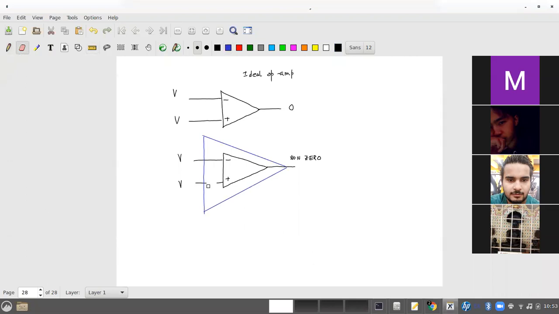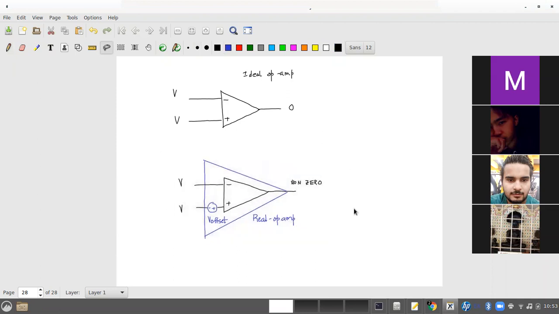You can draw it on any one of the arms, and indicate any sign, that does not matter. So this is your real op-amp. A real op-amp always has some input offsets. It is very difficult to have an op-amp without any offset. You may get very low offset, but it will always be there.